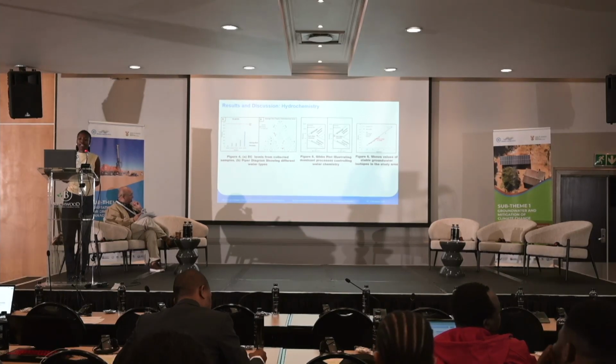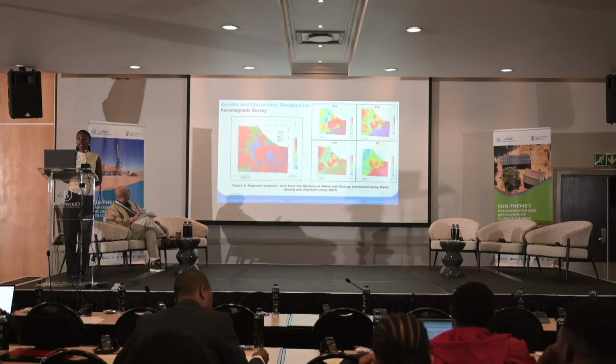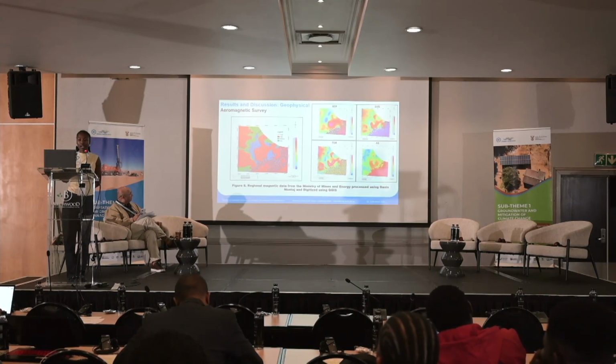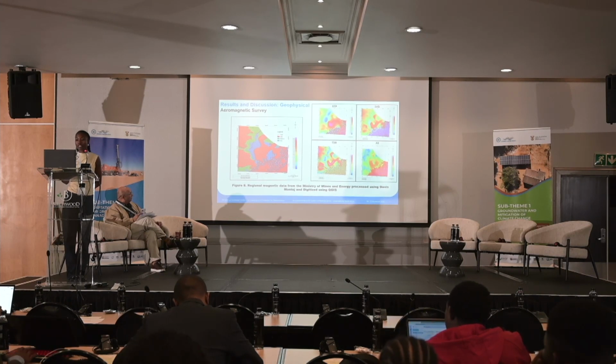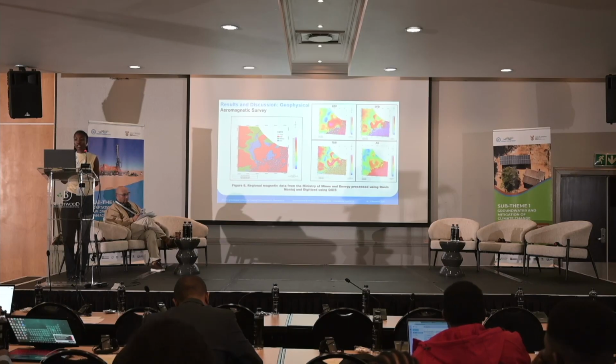so the aquifers were directly recharged by rainfall. Moving on to the geophysical results, based on the aeromagnetic surveys that were done and also the filtering of the data that we acquired from the Ministry of Mines and Energy, we generated the reduced to pole maps, the first vertical derivative maps, and the tilt derivative maps, as well as the analytical signal maps, which were digitized using QGIS.